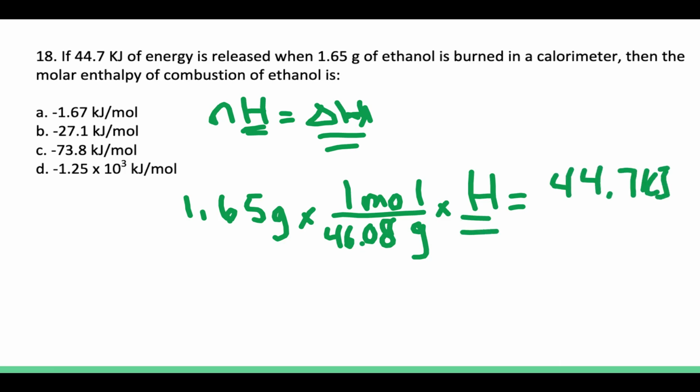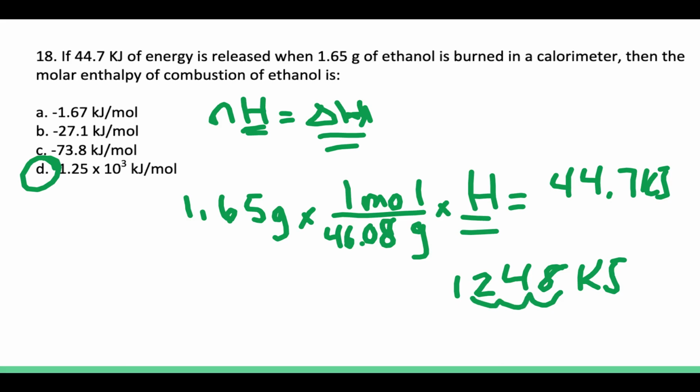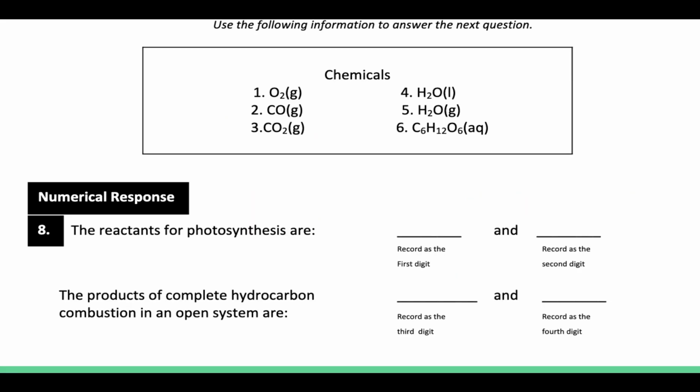So once you isolate H, you will see your answer is 1,248 kilojoules. So, sorry, just looking at your answers here, your answer is D. If you put this into scientific notation, we would see that our answer is D.